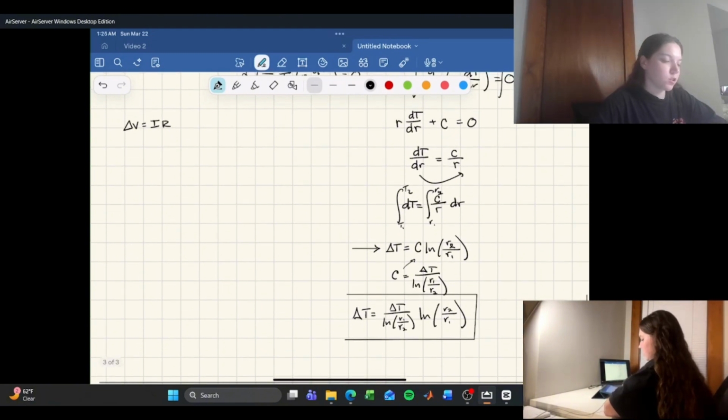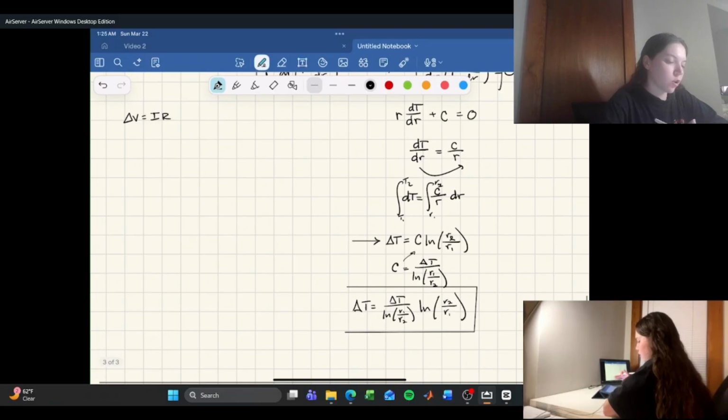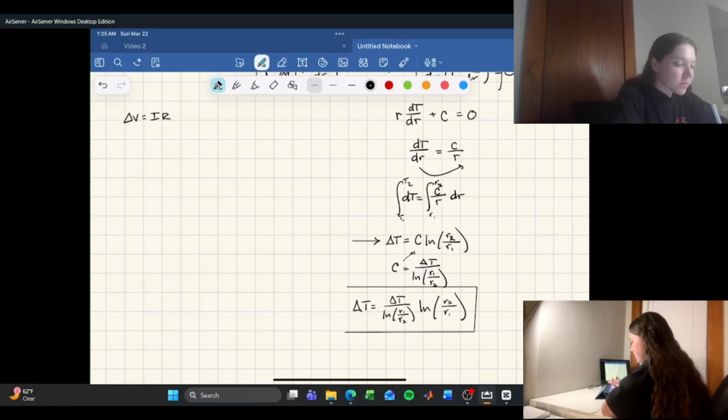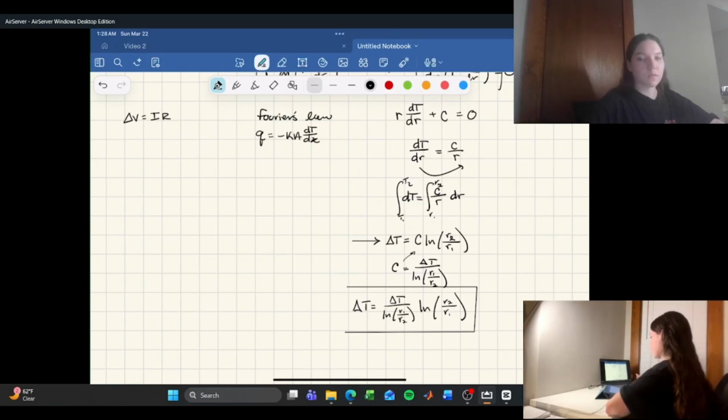So to relate these two ideas, relating Ohm's law to find the thermal resistance, we need Fourier's law again. So again, this is the heat flux is equal to the negative thermal conductivity times the cross-sectional area times the change in temperature over change in position.